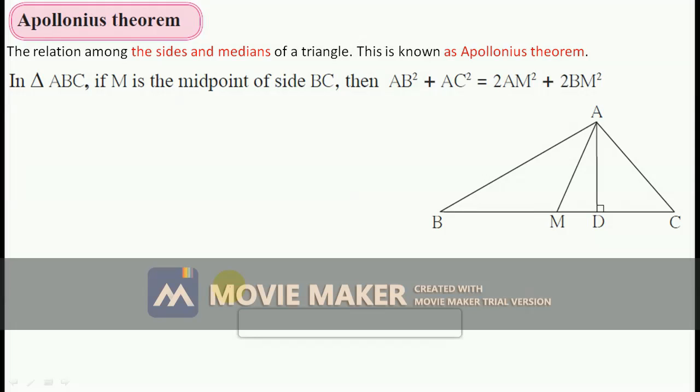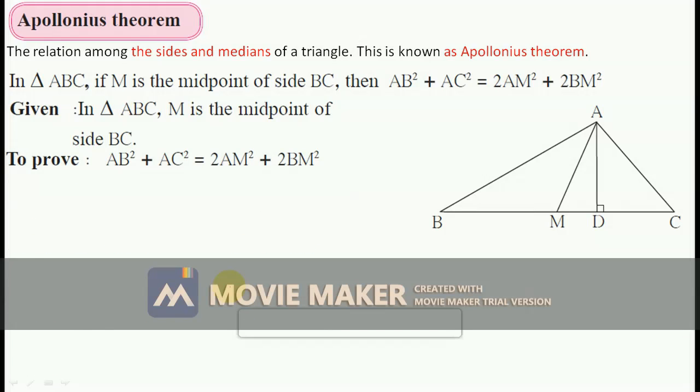Okay guys, M is the midpoint of side BC. Then we have to prove AB square plus AC square equal to 2AM square plus 2BM square. Then construction: draw segment AD which is perpendicular on segment BC.